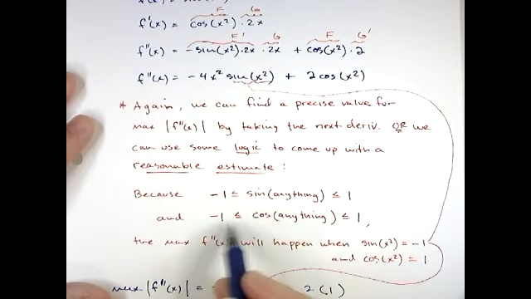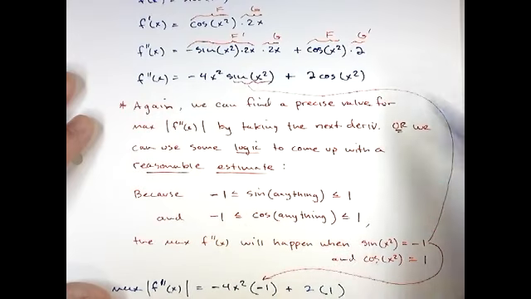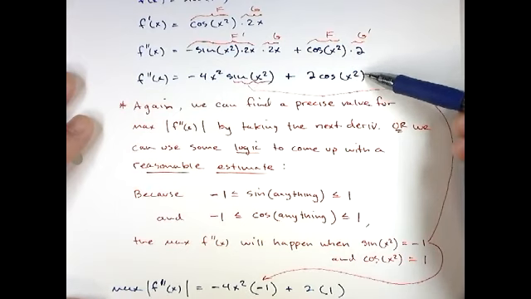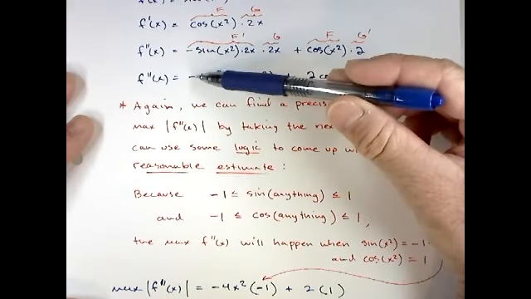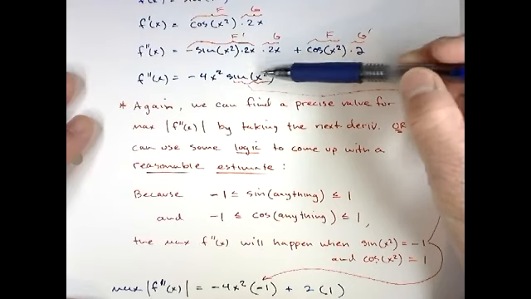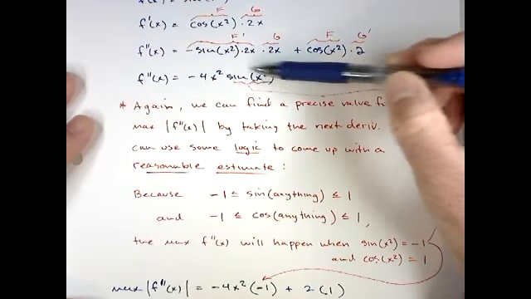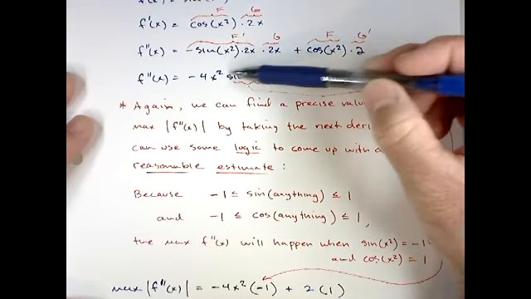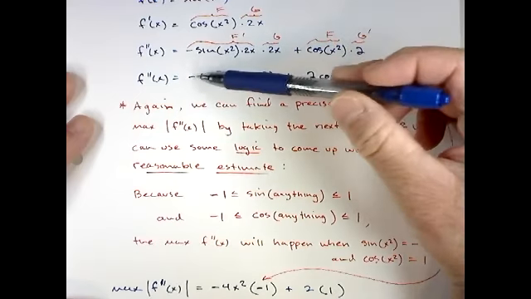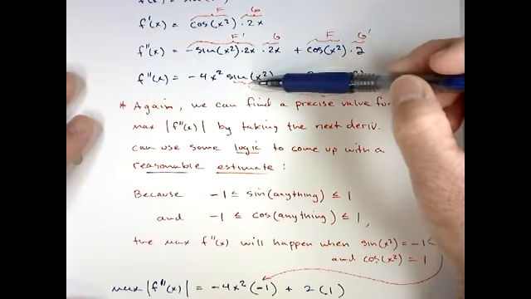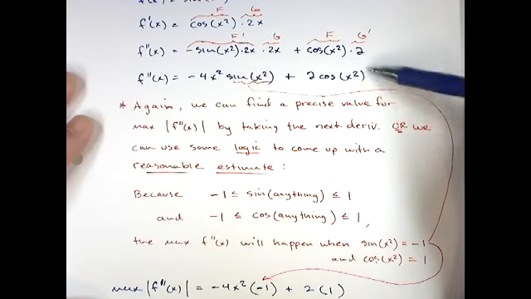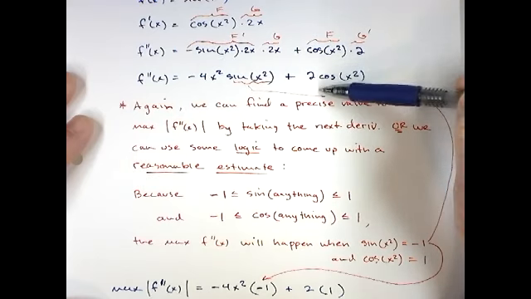Same thing for cosine, -1 and +1. So what is going to make this the maximum? If you think about it, there's already a negative here. So if we want this to be maximum, we would want this part to come out to be -1, because then you'd have -4 times -1, that would be positive. And we want this to come out to be +1, okay?